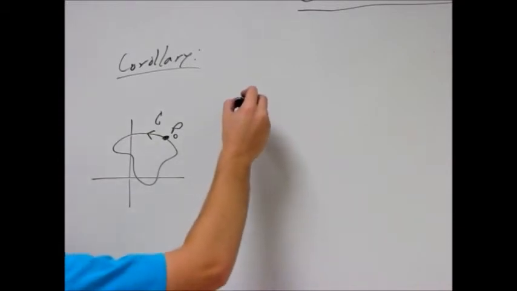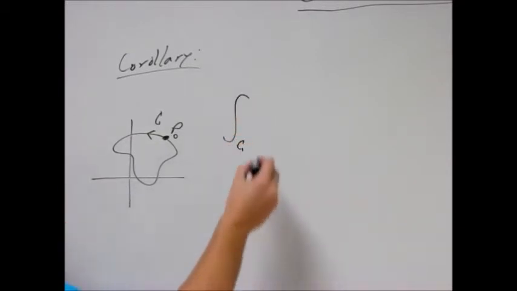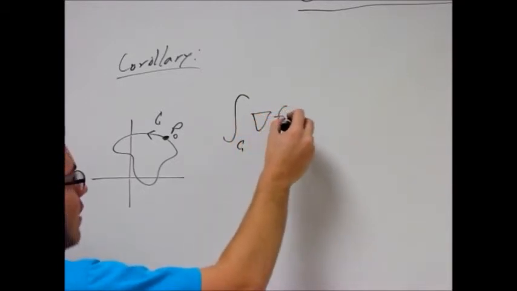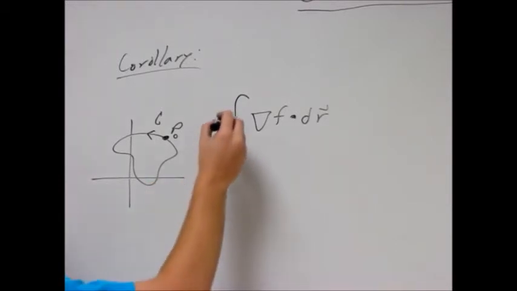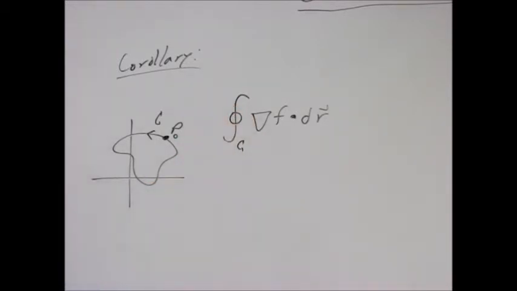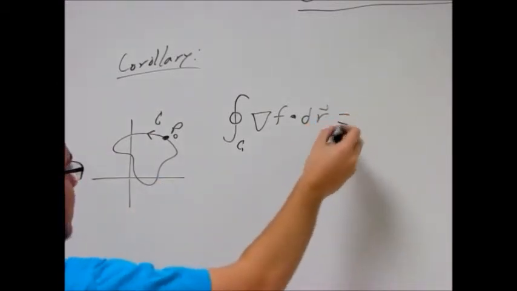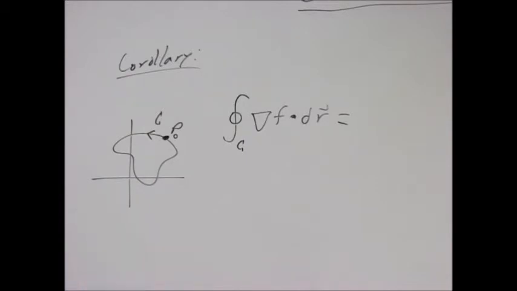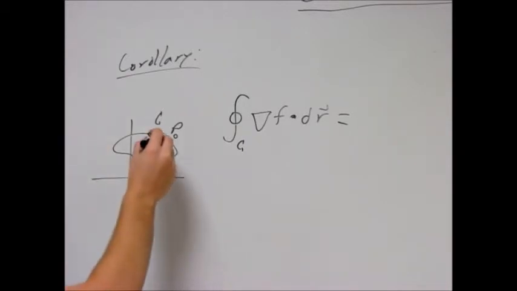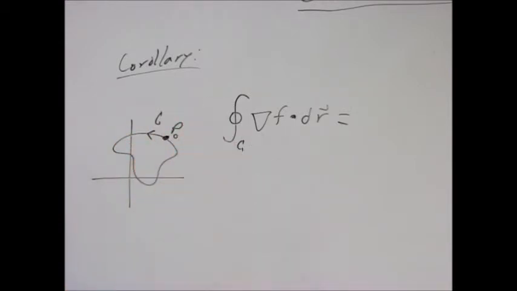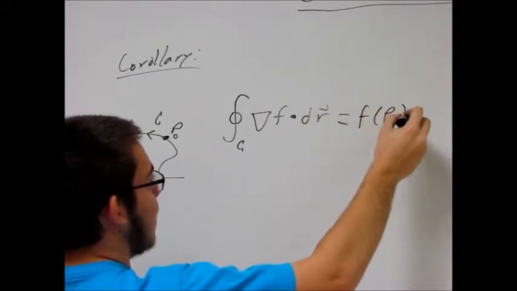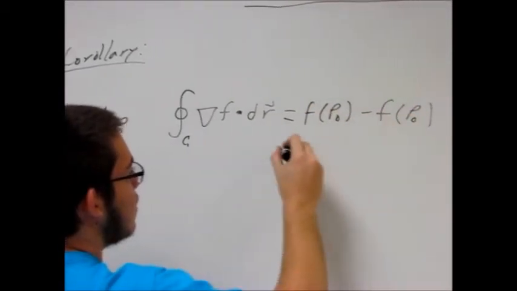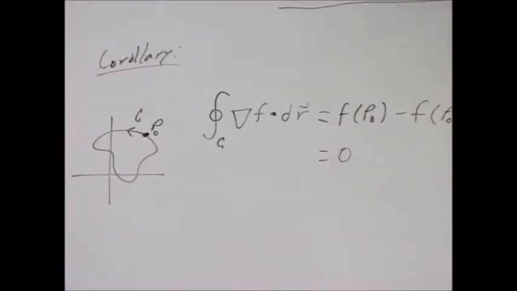Now the integral over a closed curve of a gradient field, and if you see a closed curve, a lot of times we draw a little loop in the integral to show that it's a closed curve. Well, since we know it's going to be the difference at the endpoints, what is the endpoint? We pick this point to be the starting point. It is also the endpoint because it's a closed curve. So it's just f of p naught minus f of p naught. So it's always going to equal 0.